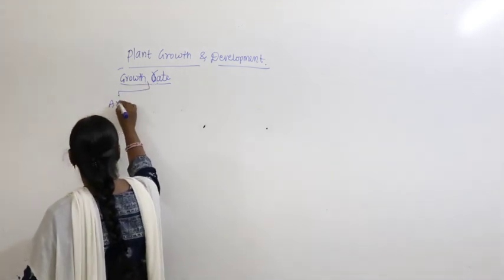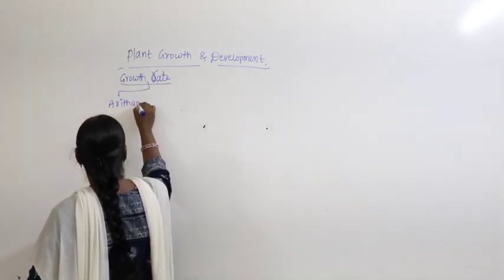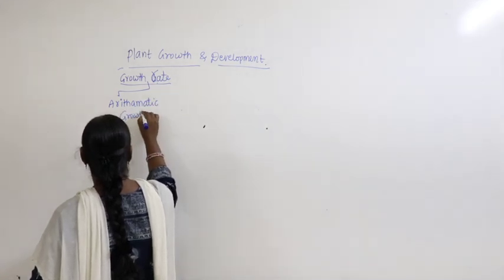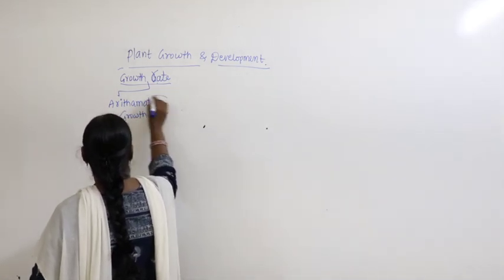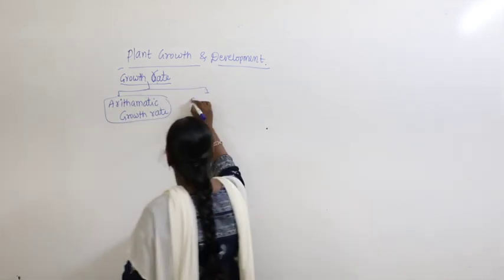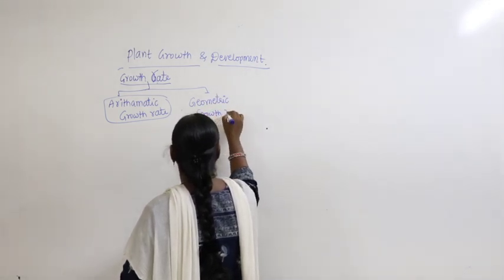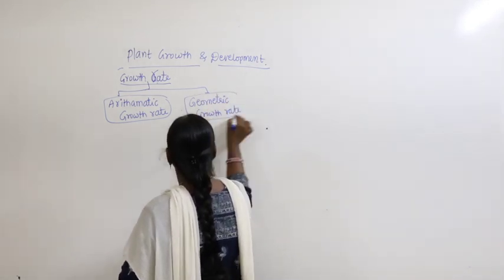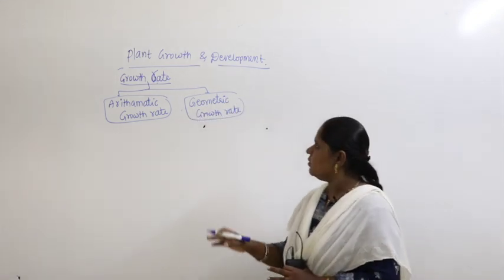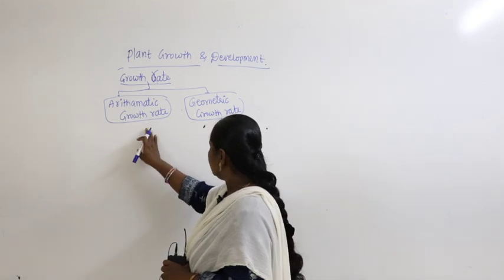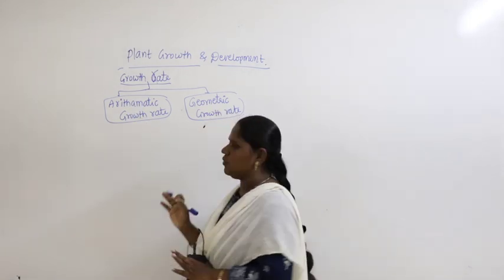Arithmetic growth rate and geometric growth rate. Do you remember? So we studied that growth rate is of two types, arithmetic growth rate and geometric growth rate.